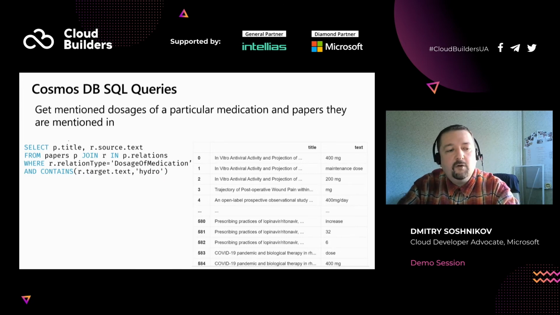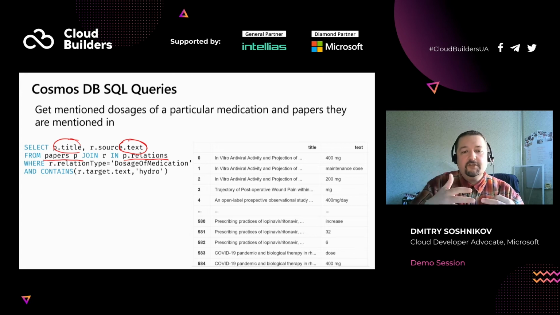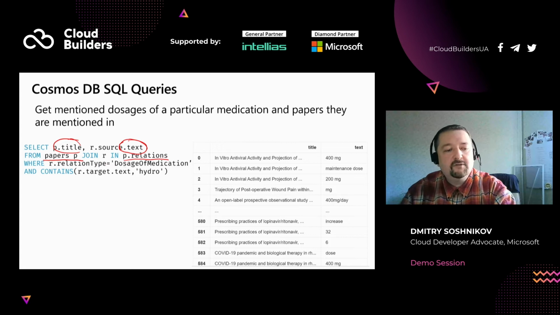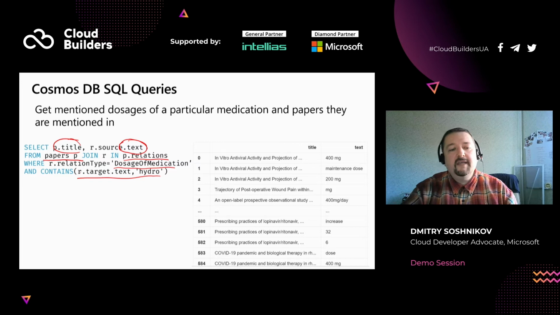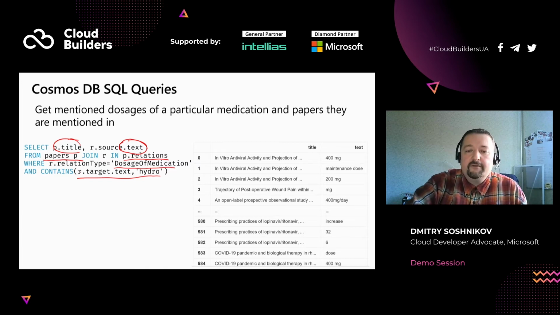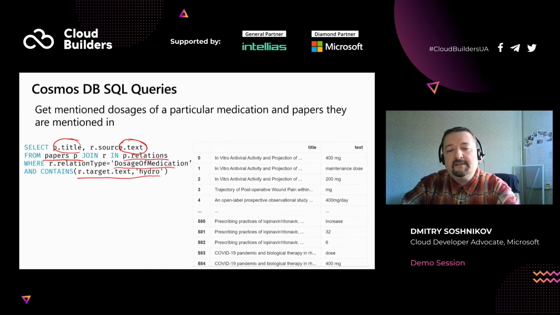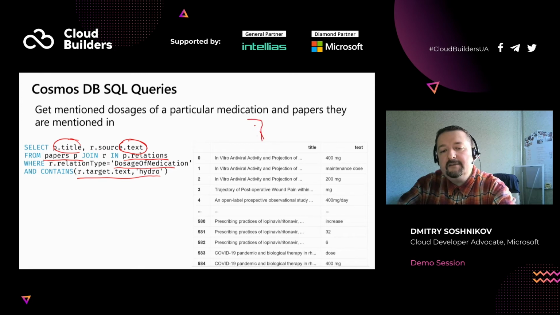So I select the title of the paper and the source text, meaning the dosage, from the papers collection, and I join the relations. For each relation inside a paper, I would have a separate row, and then I select only those where the relation type is dosage of medication and the medication name contains hydro, so hydroxychloroquine. And I will get this list. You see, a very convenient list of paper title and dosage.